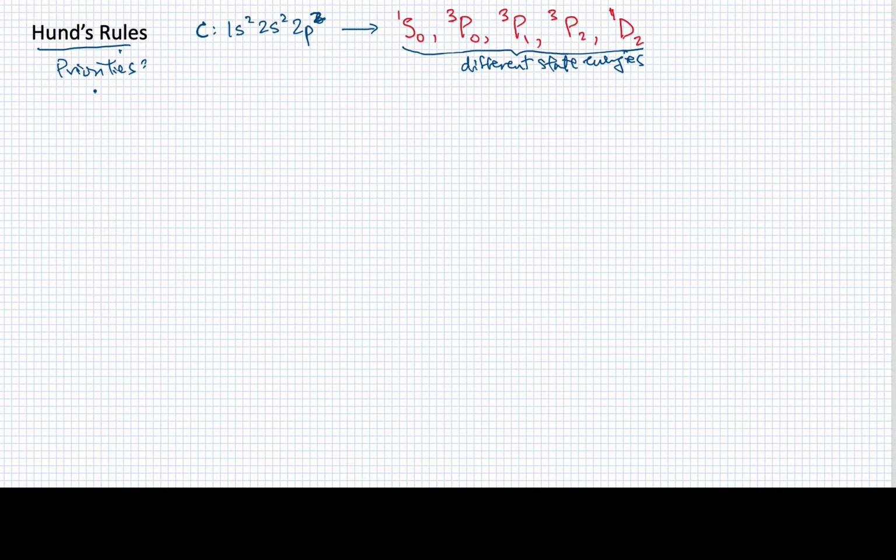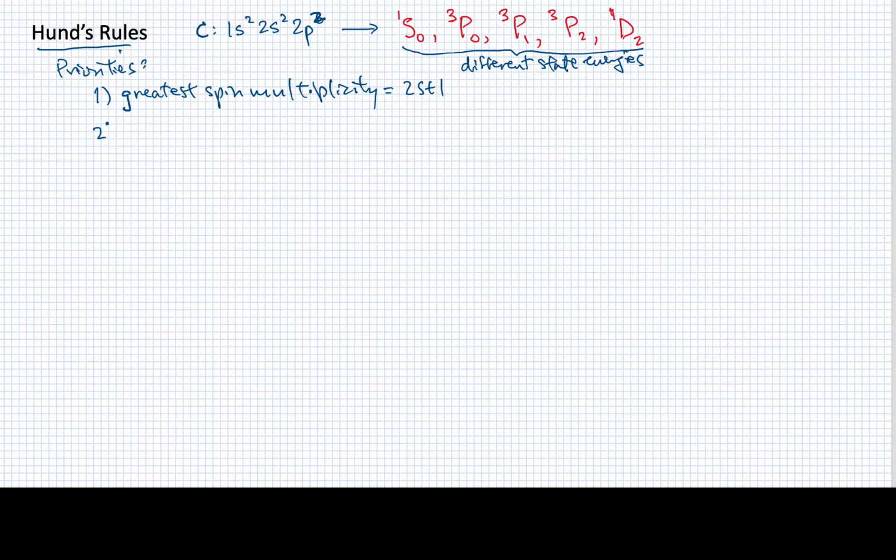First priority is that the term with the greatest spin multiplicity would be the ground state. Spin multiplicity is 2S plus 1.